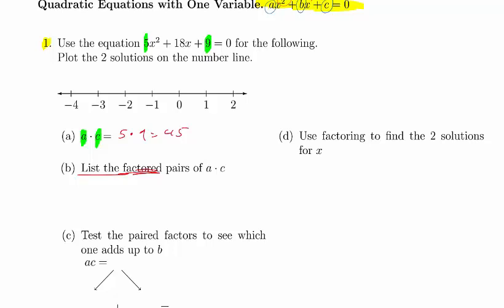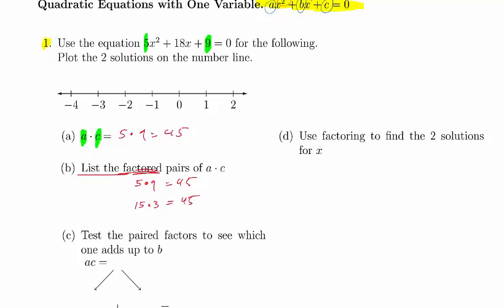So, the most obvious one is the one that we just did, 5 times 9, well, that's 45. And another one that we could list is 15 times 3, and 15 times 3 is also 45.